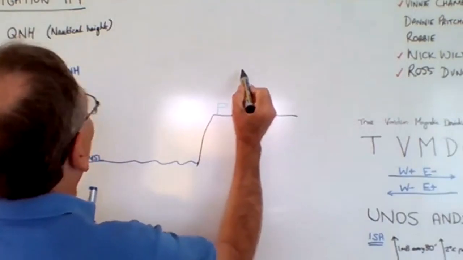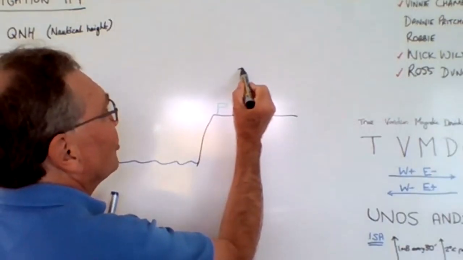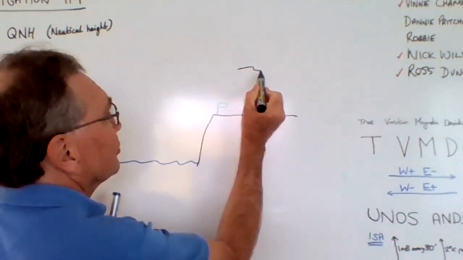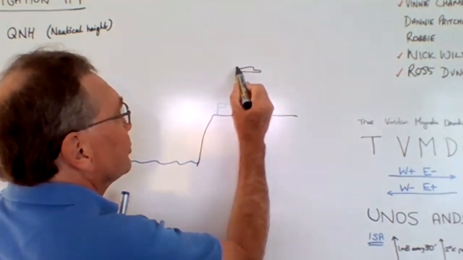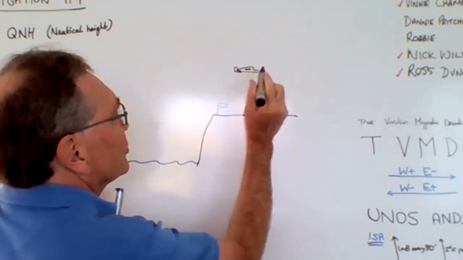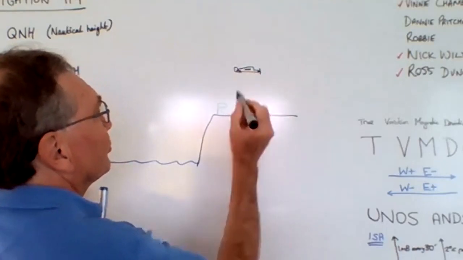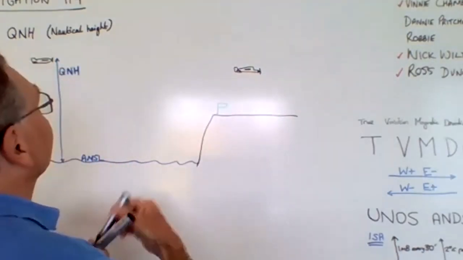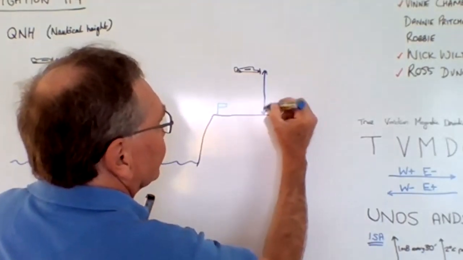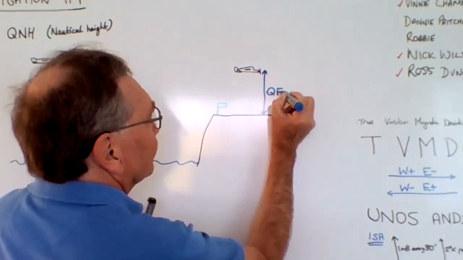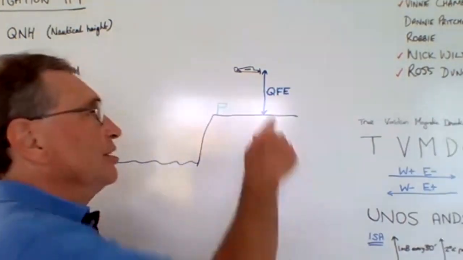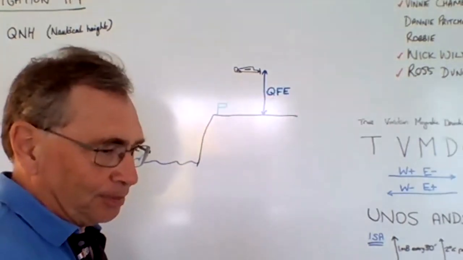So what we do when we're flying around in the circuit is set QFE on the altimeter.